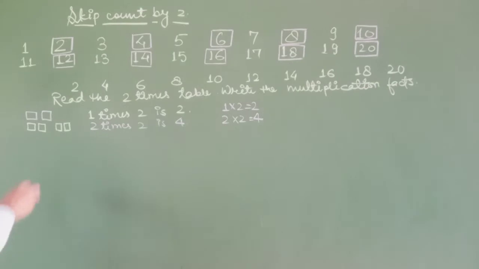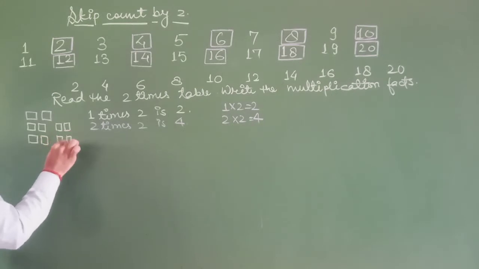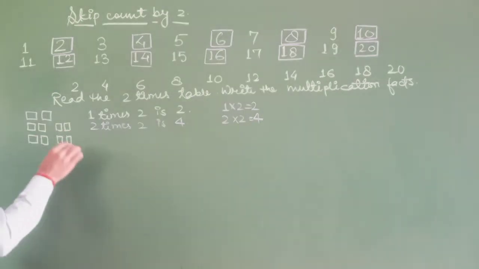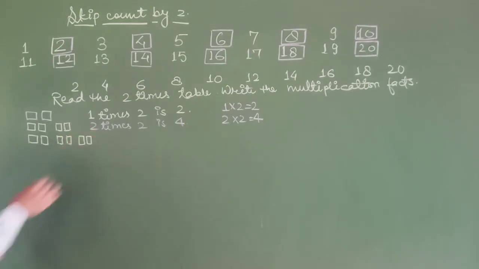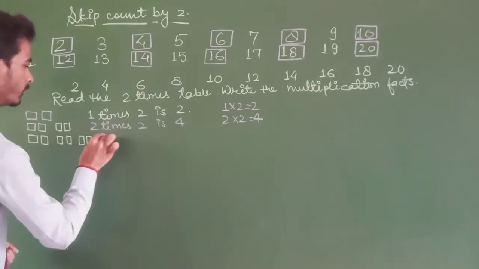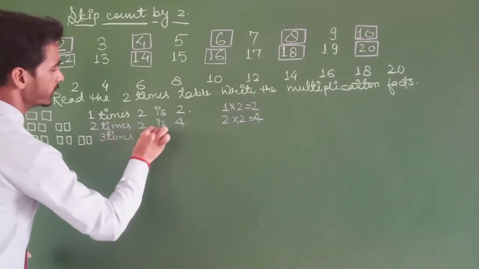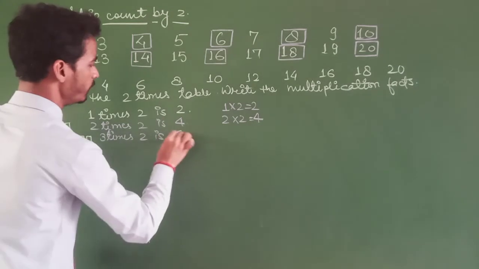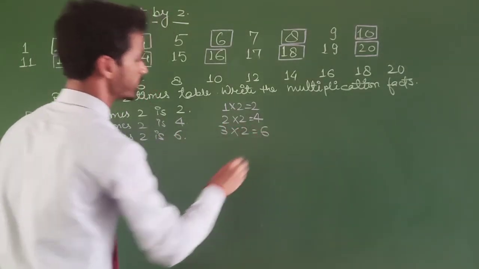And now 3 times 2 is 6. 3 multiplied by 2 is equal to 6.